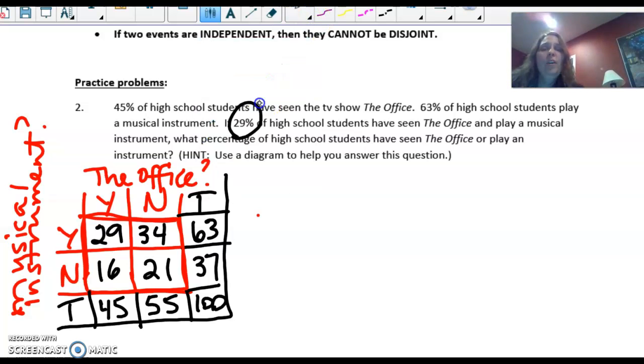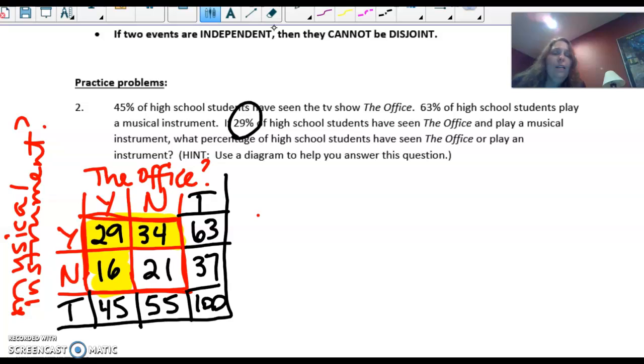One is that we could go ahead and say, let's highlight anyone who has seen The Office. That means it's all of these people. Who has played a musical instrument? Well, it's all of these people. Now, I happen to highlight the 29 twice, but as long as it's highlighted, our or really represents everybody who is in that highlighted group.